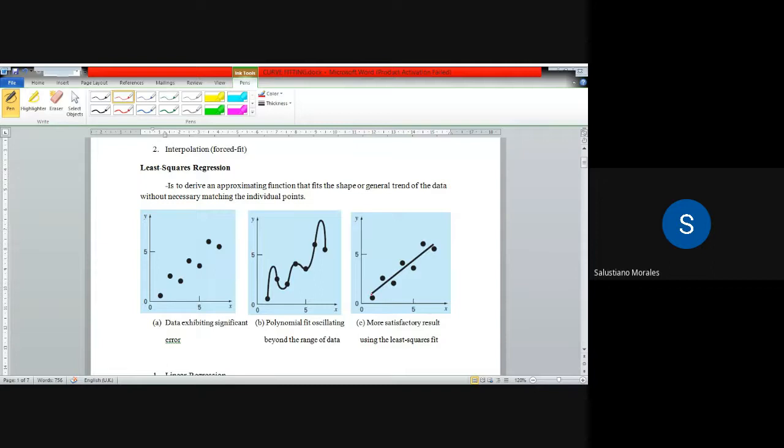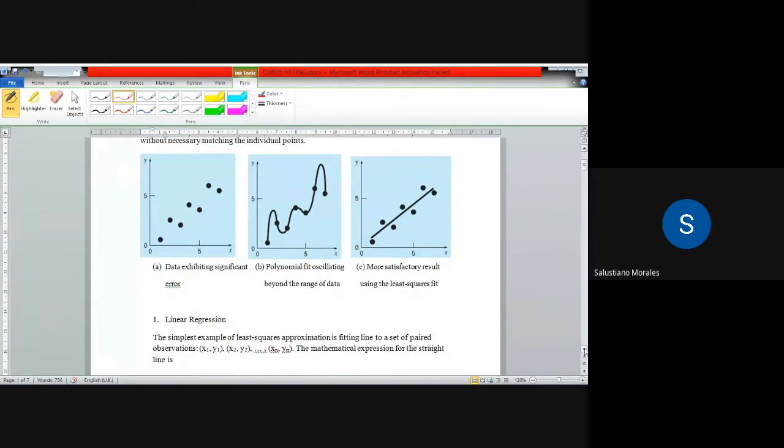This straight line here does not necessarily pass through the given data points. What we will do here is minimize the difference between the line and the given data points. That is what we do in the least squares regression.